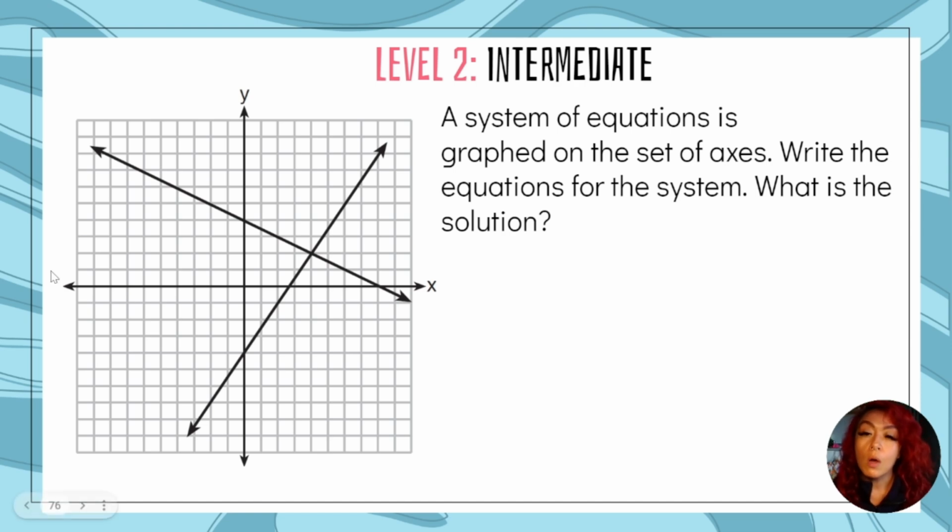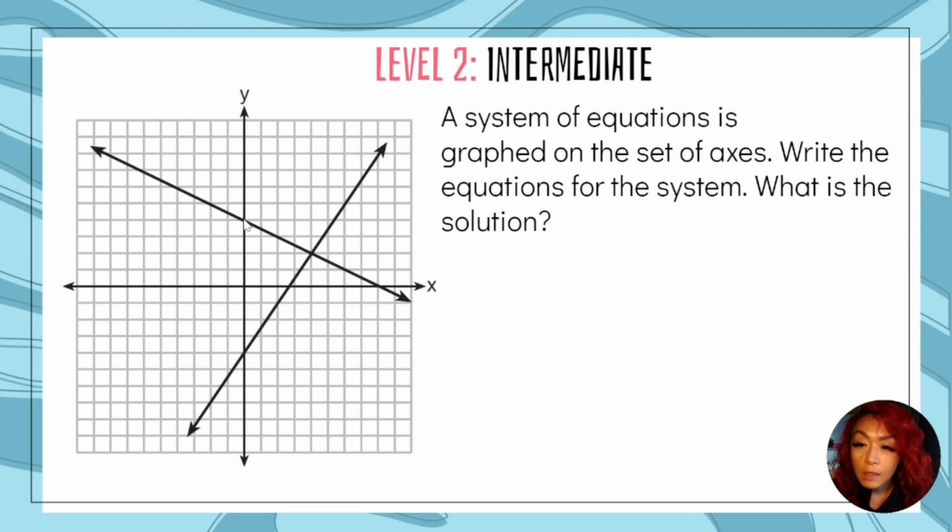equations. So I'll start with this line here, this one that has a negative slope, right? I can tell that it has a negative slope because going from left to right, the line is going down. So starting with our y-intercept, it looks like our y-intercept is at 1, 2, 3, 4. So b will be equal to 4. We'll use that as our starting point to count our rise over run.